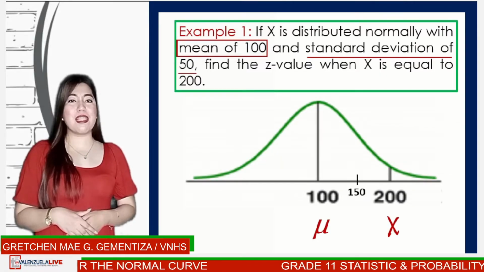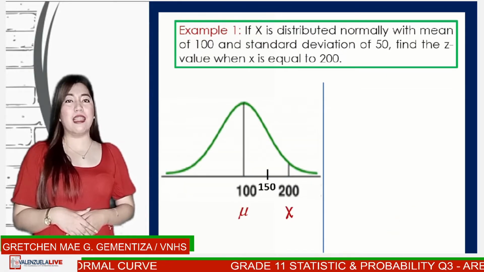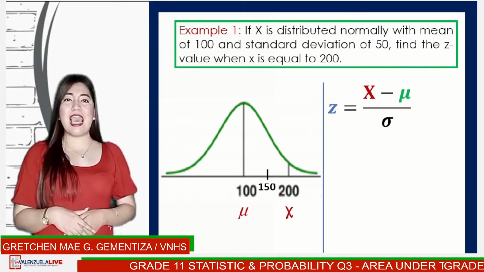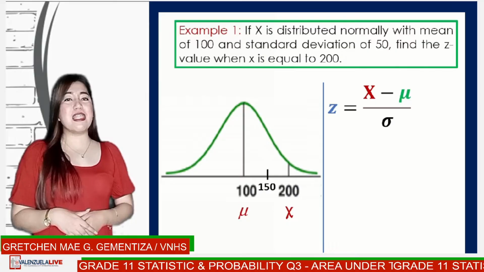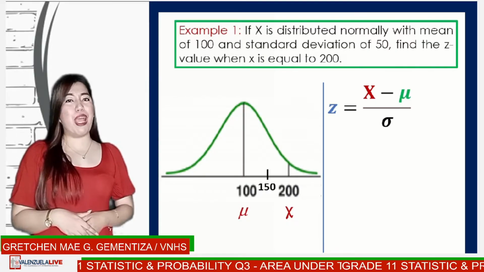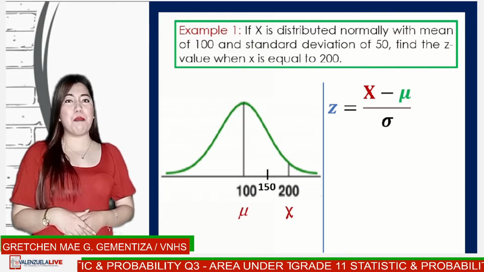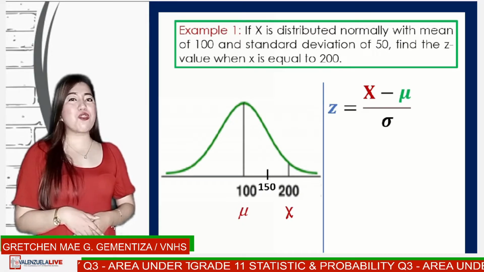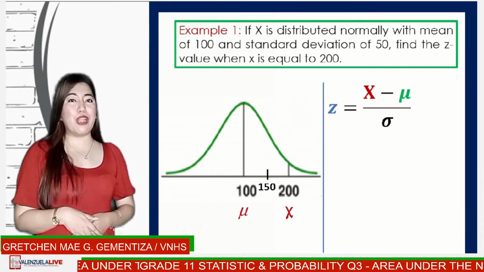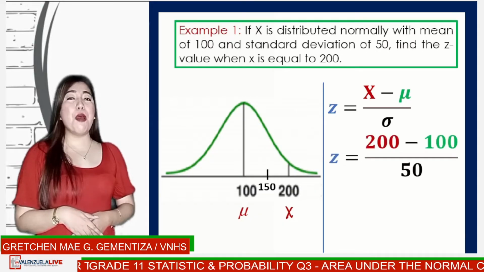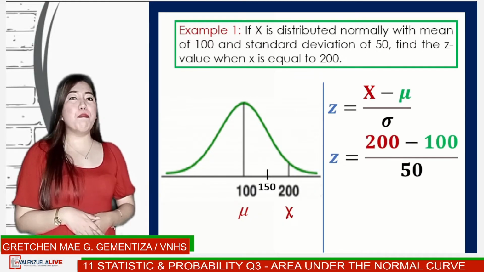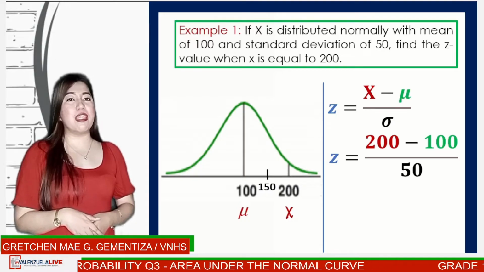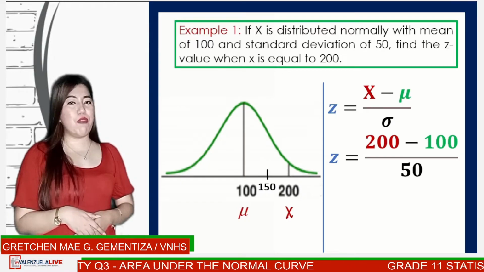To do this, let us simply plug in the given z-score formula. Once again, the z-score formula is equal to x minus mu all over sigma. Using this formula, z is equal to the value of x, 200, minus the value of mu, 100, all over the standard deviation given, 50.